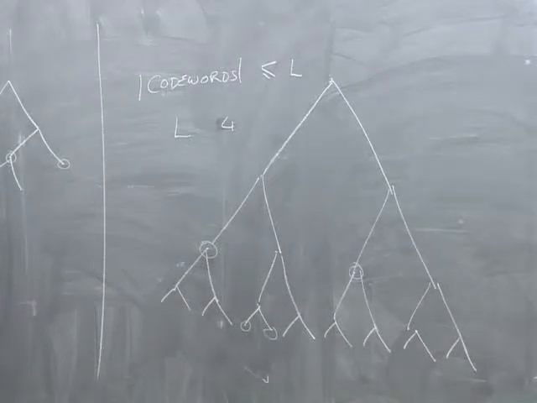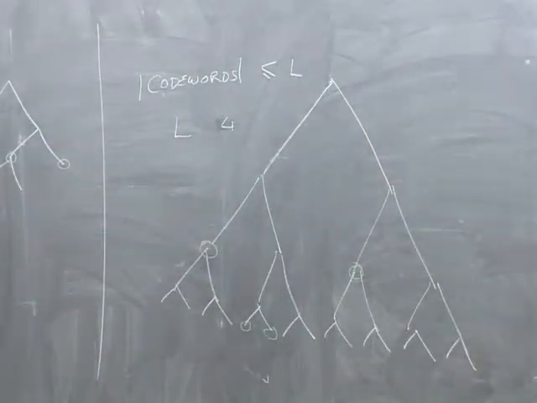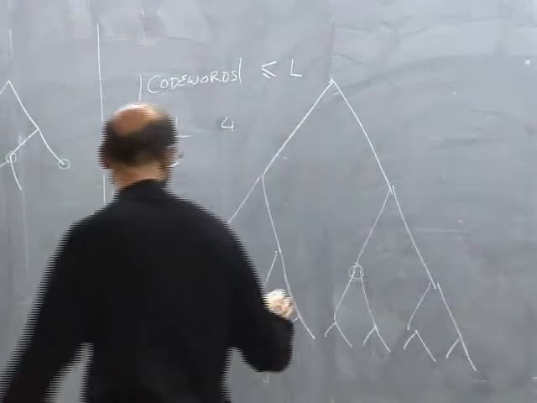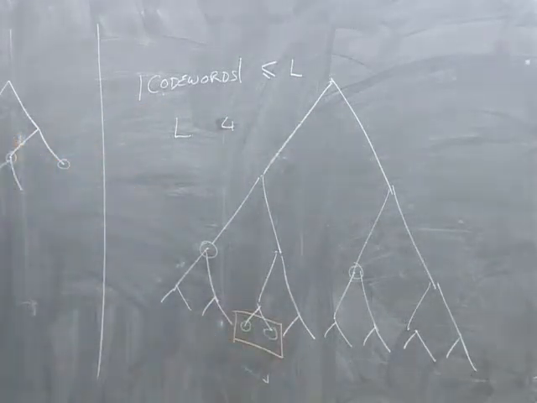If I look at all the terminal nodes, the leaf nodes, I'm going to classify them into 3 sets. The first are terminal nodes like these guys here, which I'll put a rectangle around. Those are leaf nodes that are also code words.